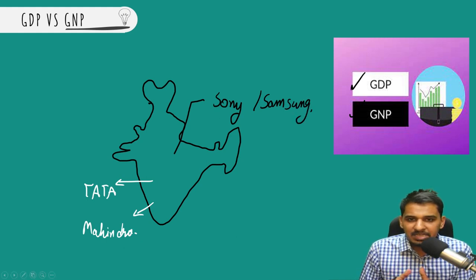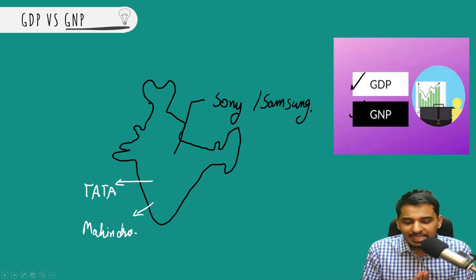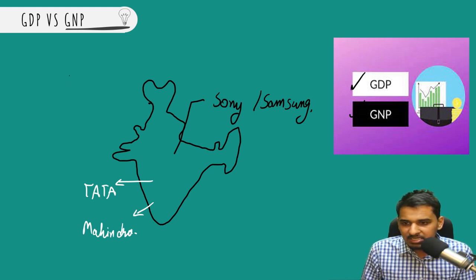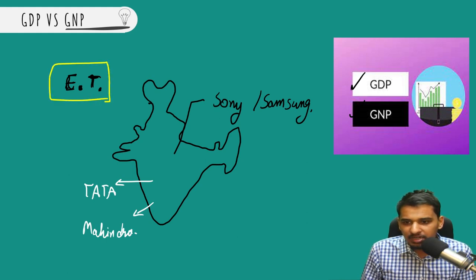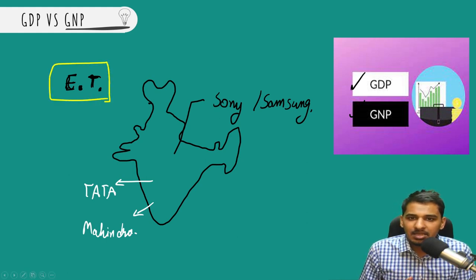If these companies produce goods within the economic territory of India, please remember economic territory. In case of economics, we will be talking about economic territory, not geographical territory. If they produce the goods inside the economic territory of India, then it will be counted in the GDP of India.